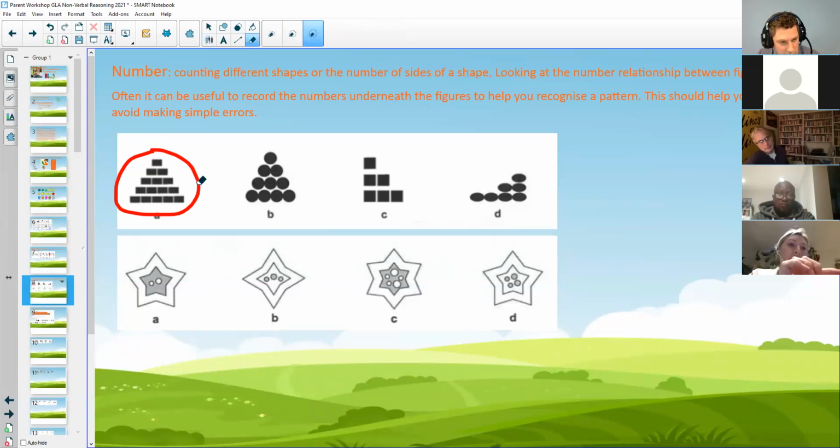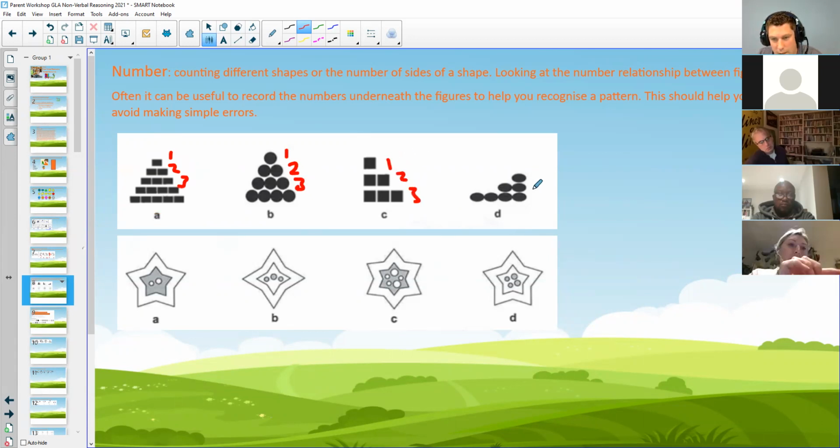But what you might have noticed, if you think of it as consecutive numbers, we've got 1, 2, 3, 1, 2, 3, 1, 2, 3, 1, 2, 4. So these are odd ones out. So D must be the odd one out because, of course, those numbers are not consecutive.